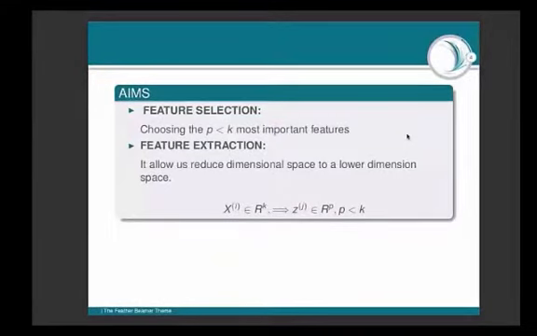Dimensionality reduction has two aims. The first one is called feature selection. The goal is to choose the P less than K most important features and to get a smaller subset of the original set of features.